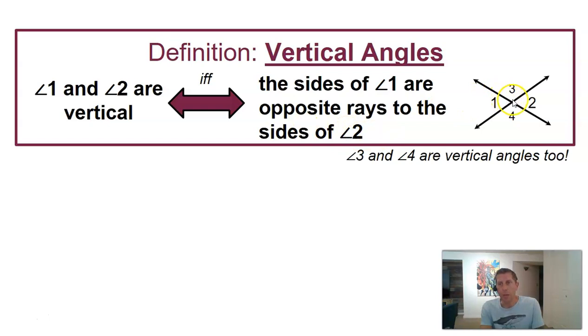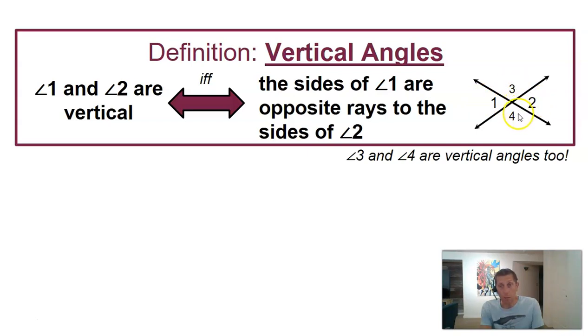Opposite rays are coming this way and that way, and this way and this way, from the same vertex. They share a vertex and have opposite rays going in opposite directions, which means that this is a straight angle here, and this is a straight angle here. It tells us that angle 1 is congruent to angle 2.